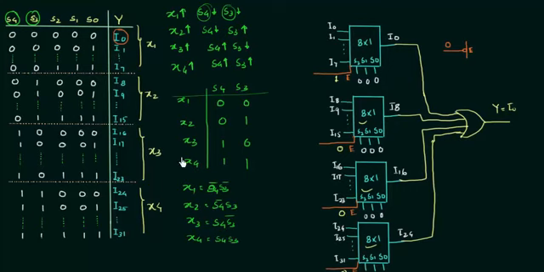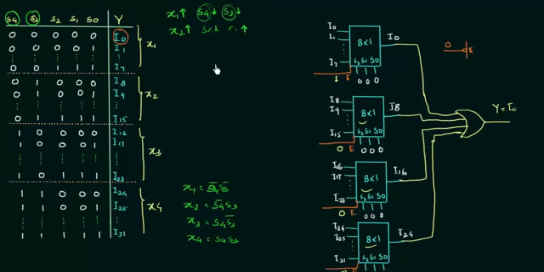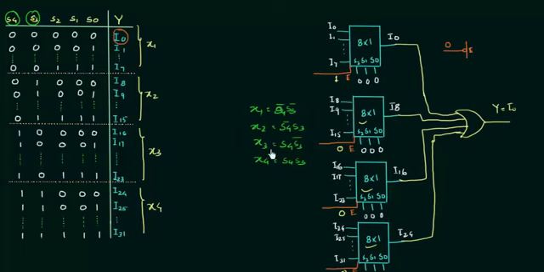So this is what we need, and we have to implement this using the NOT gate and the AND gate. So I will clear this portion so that we can have our AND gate, and I will cut this and paste it somewhere else.